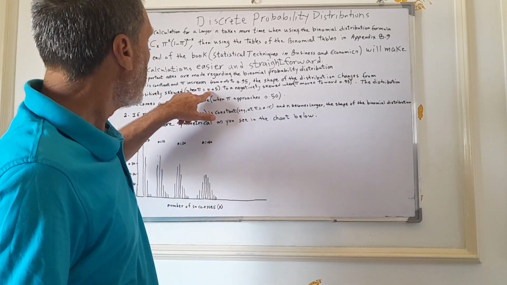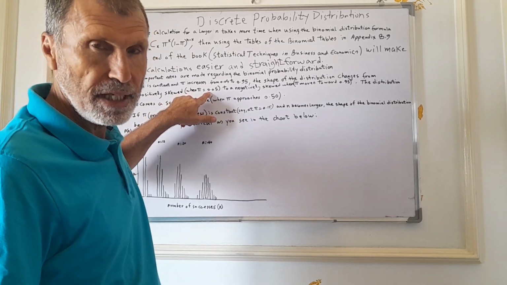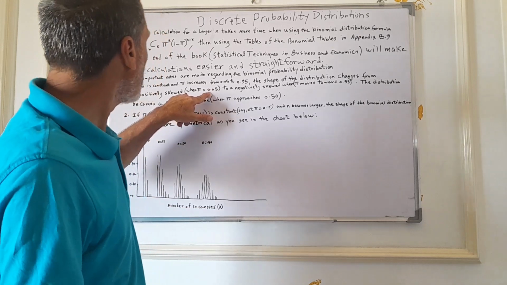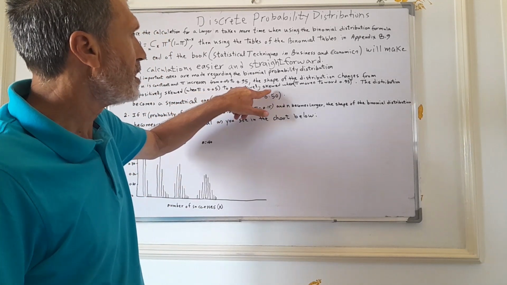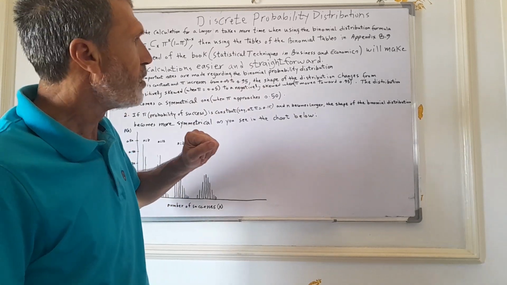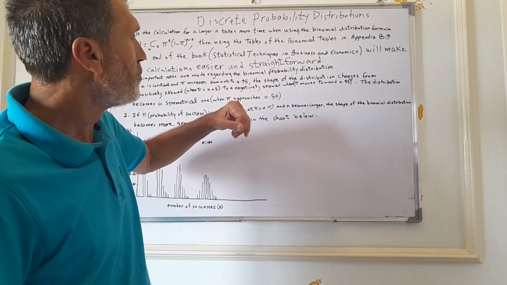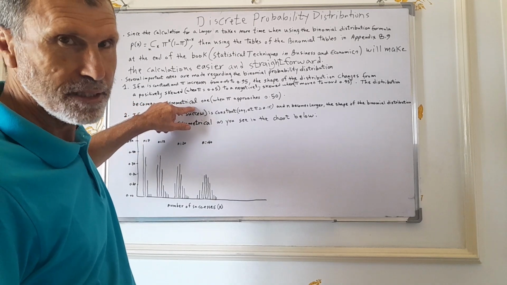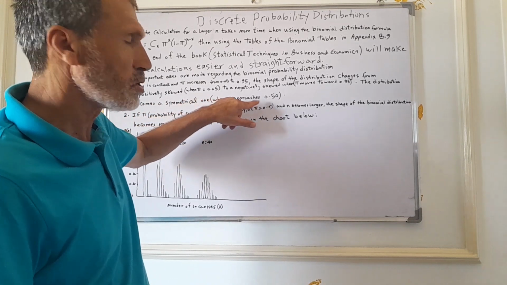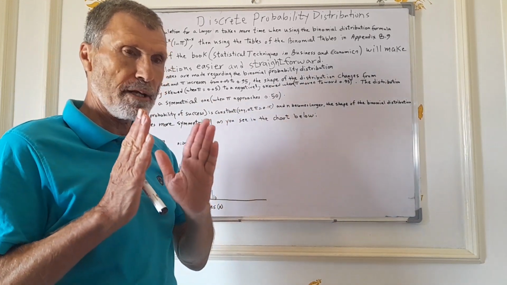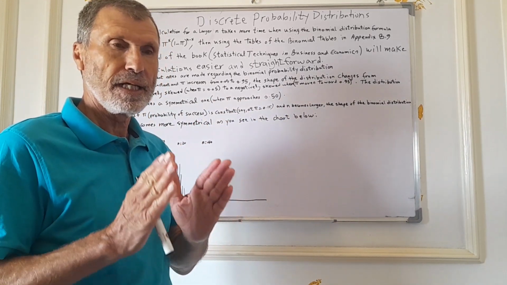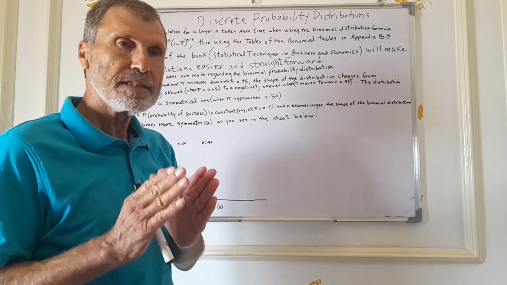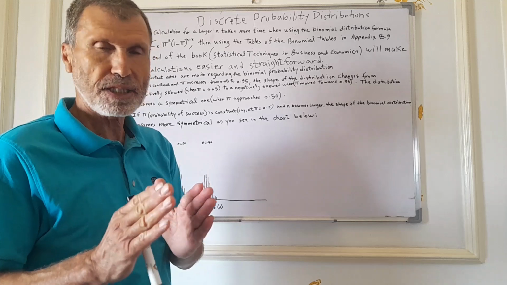When pi is 0.05 and n is fixed, we have a positively skewed distribution. However, as pi moves, the distribution becomes symmetrical when pi approaches 0.5.